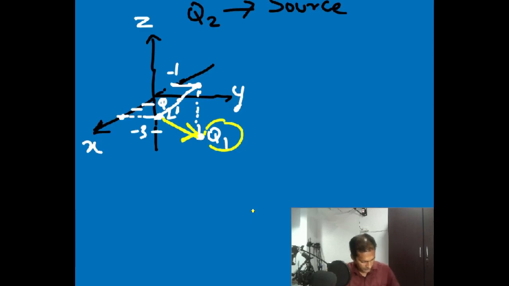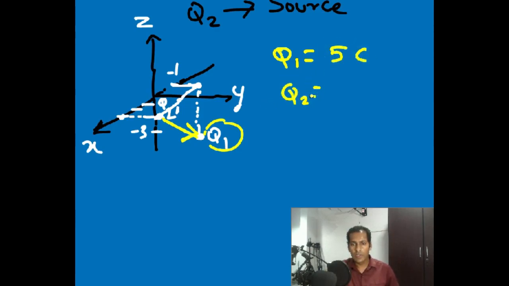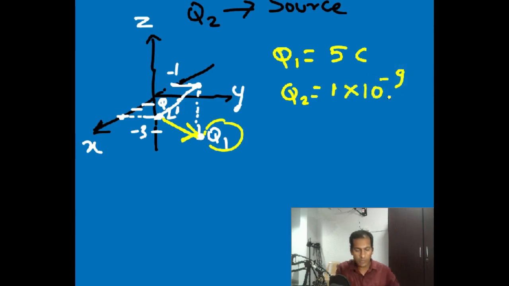So let us note down the given data. We have the value of Q1 as 5 coulomb, and the value of Q2 is given as 1 nanocoulomb, so it will be 1 into 10 to the power -9 coulombs.